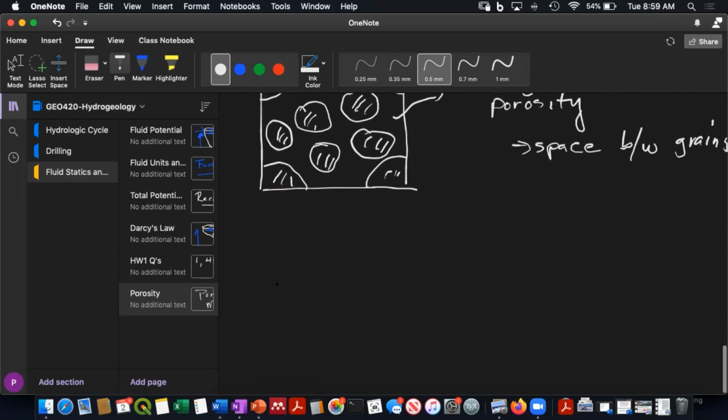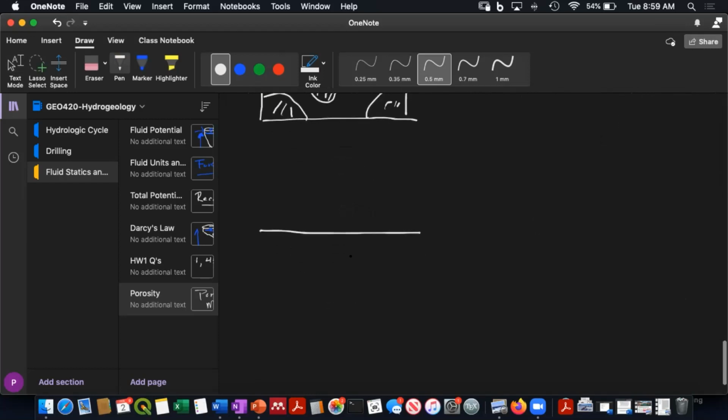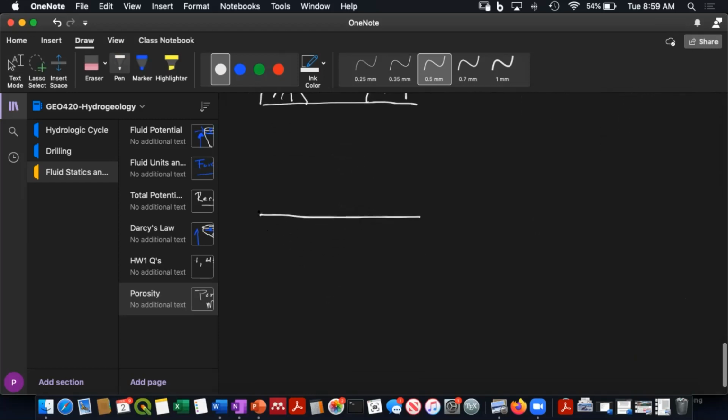All right, another kind we can have is we could be up in the mountains or anywhere really, I guess. But we can have rock that has cracks or fractures in it.